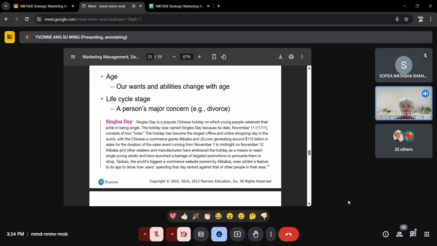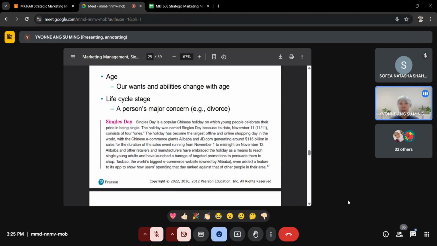As we journey through life, we go through different stages. We start as a toddler, then go to primary school, then secondary school, and then become an adult. And even in adulthood, people's lives are different before they get married and after they get married, and so on and so forth.